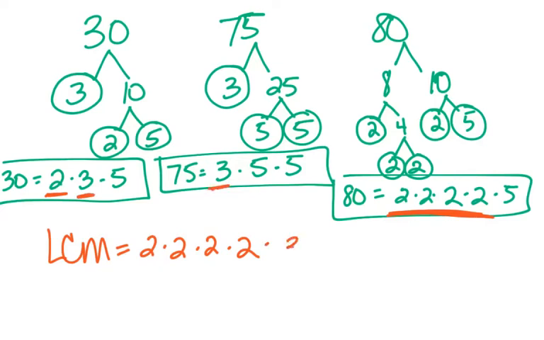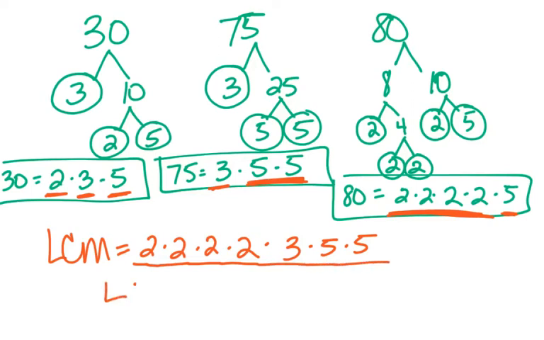So there's only one 3 because it doesn't appear any more than 1 time in each of them. And then our 5's, we have 1 here, 2 here, and 1 here. So because it appears the most 2 times, we'll include both of those. So our least common multiple will be 2 times 2 times 2 times 2 times 3 times 5 times 5.